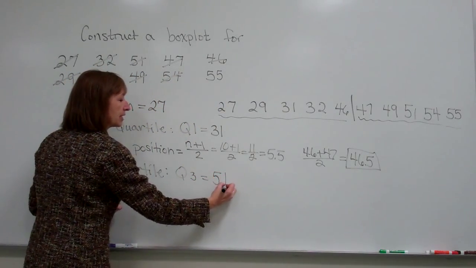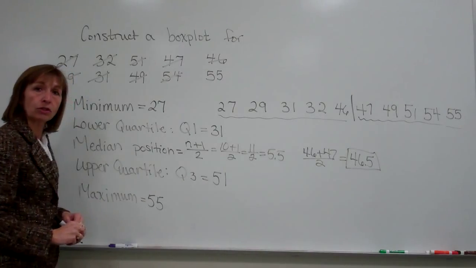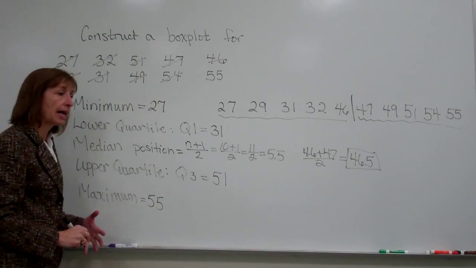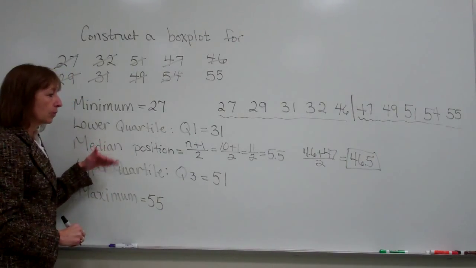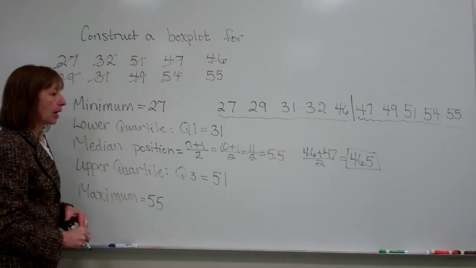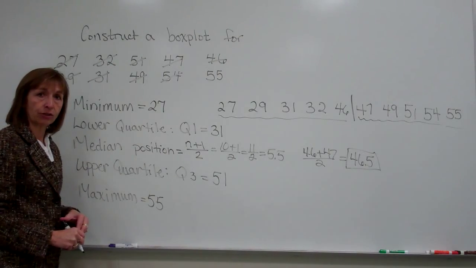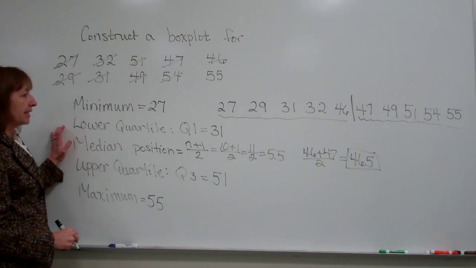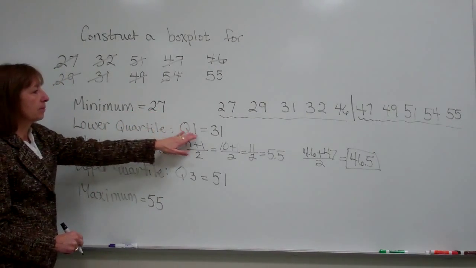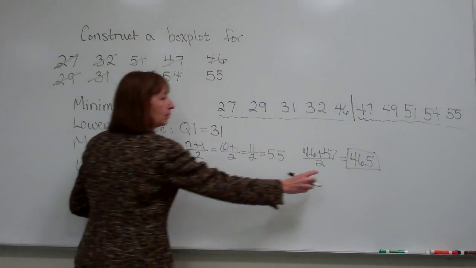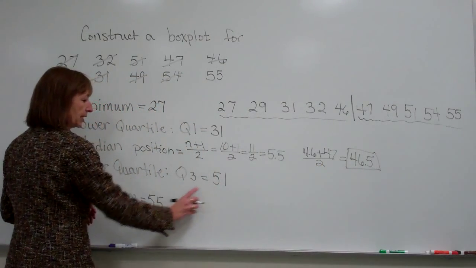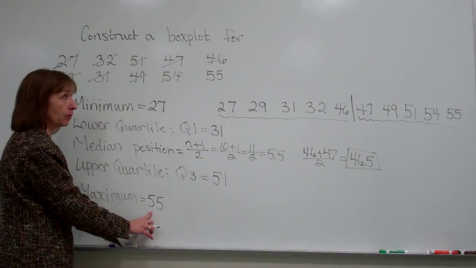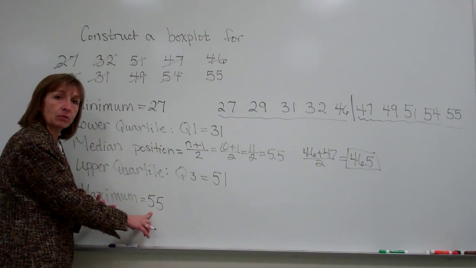And again, there's not a steadfast rule on this, so you'd want to check with your notes from class, from your professor, to make sure which way they want you to use the calculation to get your lower quartile and your upper quartile. So now I have these 5 numbers, my minimum, my Q1, my median, the Q3, and the maximum value, and I'm ready to draw the box plot.